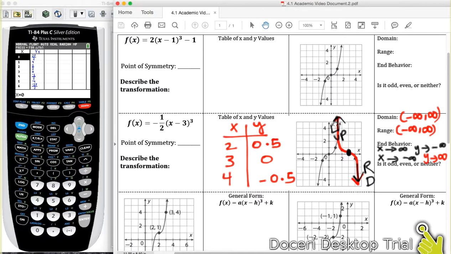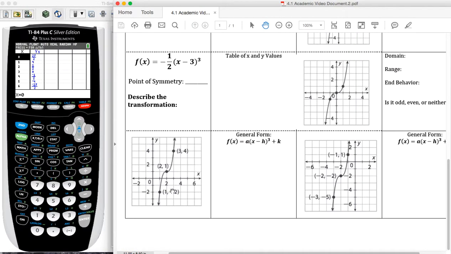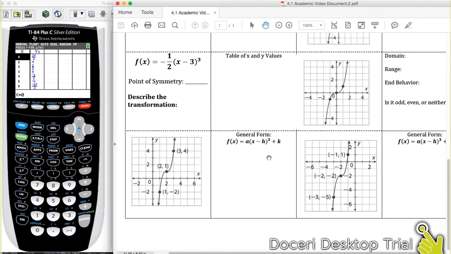This is how you graph transformed forms. Now, let's move on to the third part, which is basically you are given a graph and you need to come up with the equation. The most important part of the graph, like we talked about before, is going to be the point of symmetry.